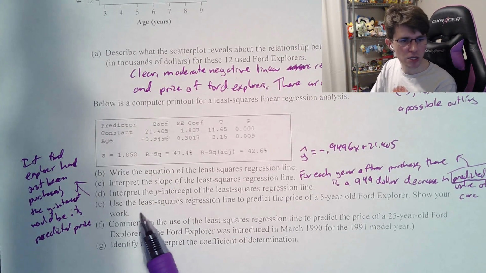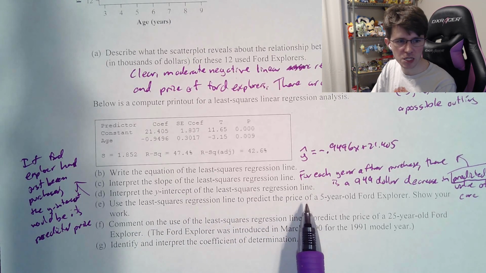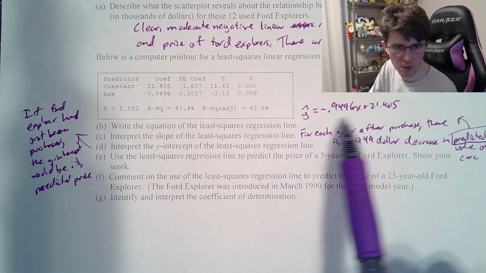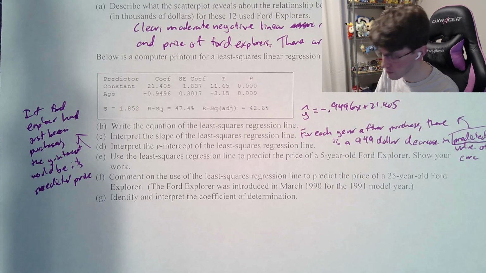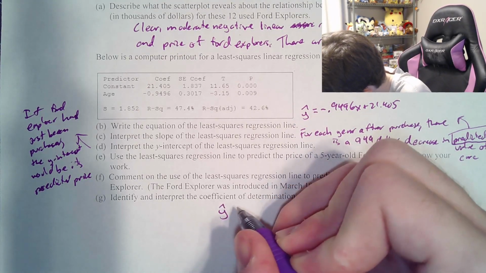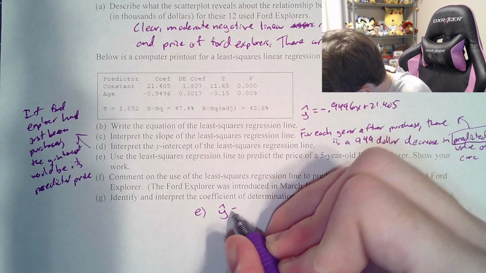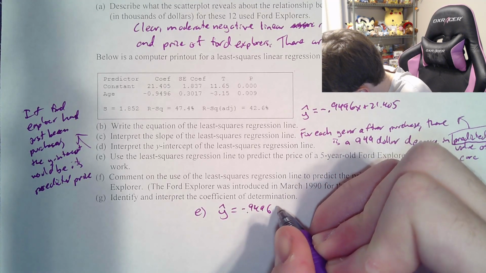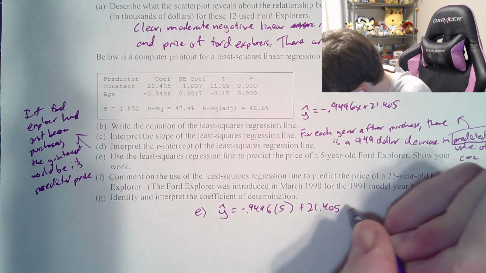Use the least squares regression line to predict the price of a 5-year-old Ford Explorer and show your work. All right, we can do that. We're going to use our least squares regression line that we already had and plug in 5 there. So that's going to be nice and easy. This is for letter E. So y hat is going to be negative 0.9496 multiplied by 5 plus 21.405.